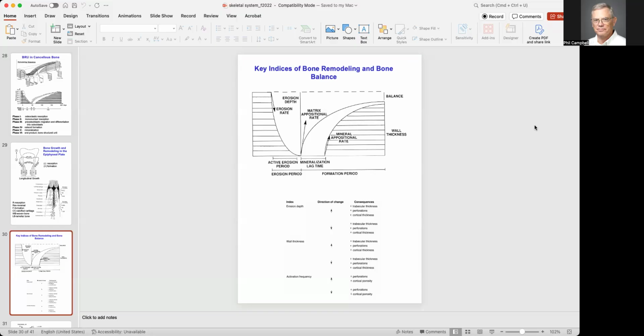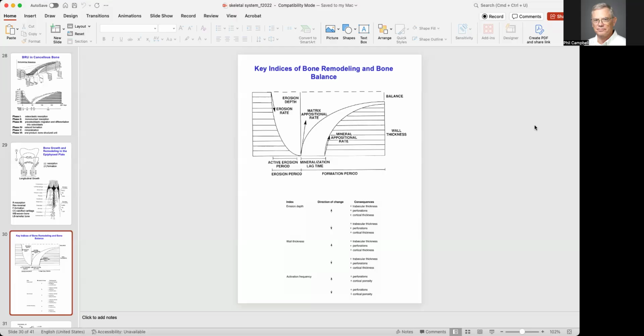Now, what's going to affect this? These are fairly obvious, so I won't spend a lot of time. Erosion depth: how deep does this erosion period go? If it's deep enough, you get a hole, right? The thicker it is, the longer you can resorb without compromising the mechanical integrity of that bone.